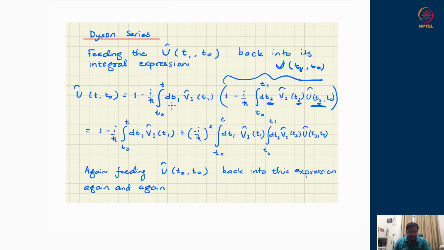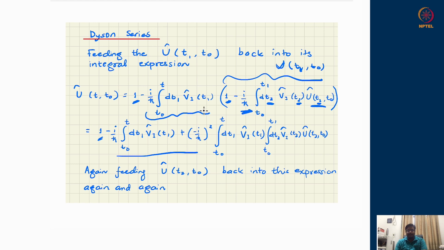So ultimately, if I start collecting things, this 1 will be there, then this iota over h bar times this quantity is multiplying the whole bracket. In the whole bracket, there is an identity which first multiplies this outside integral, and I get the single integral dt1 of the interaction potential Vi.